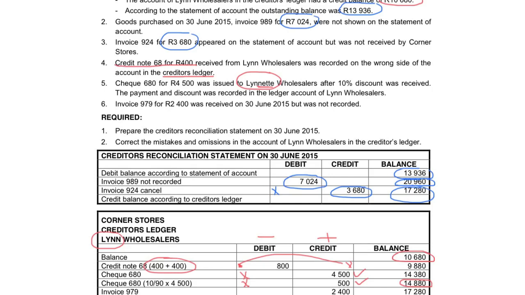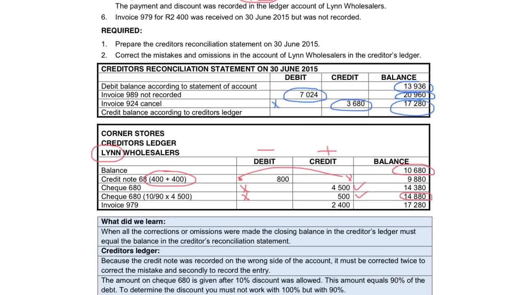Invoice 979 for 2,400 was received but not yet recorded. So that means in the books of Corner Stores, they still have to record that invoice that was received at the end of the month. So if they record an invoice, they will show it on the credit side because the debt will increase.